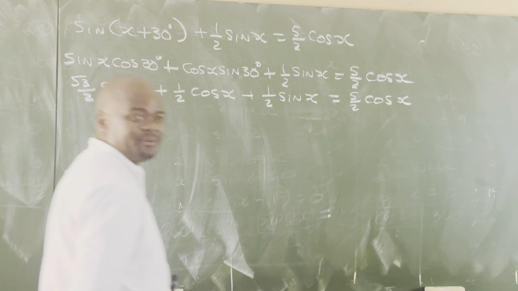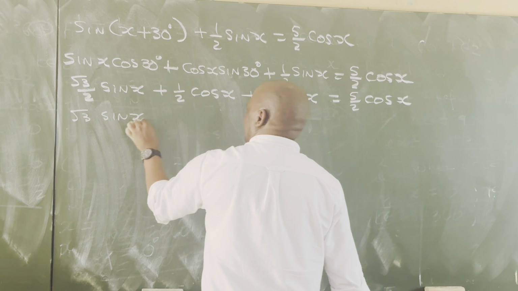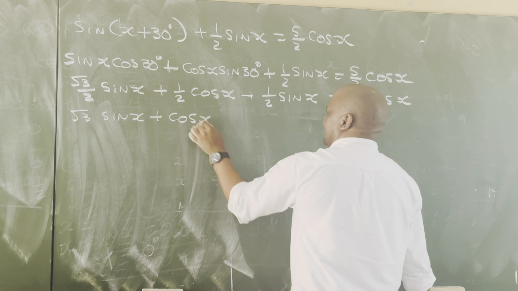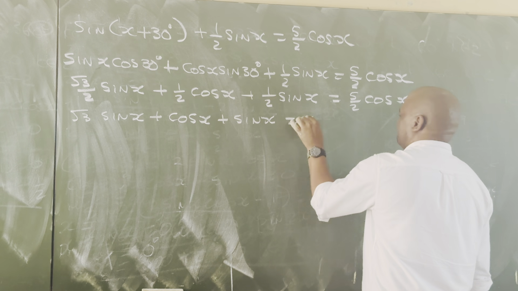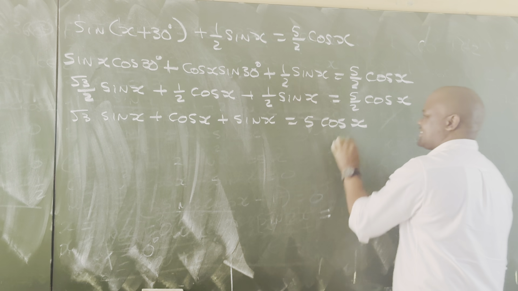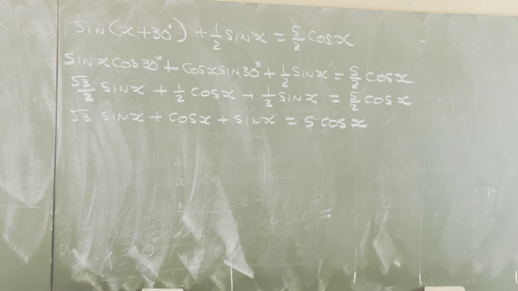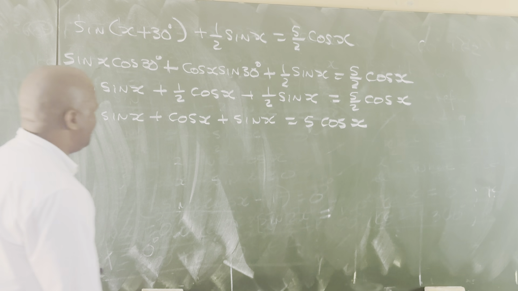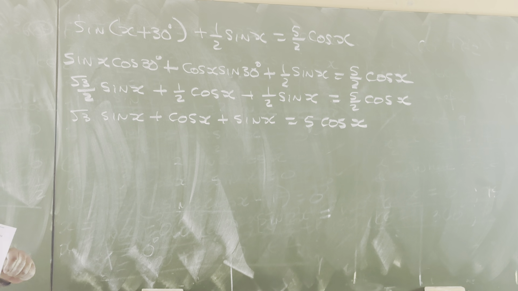Multiply everything by 2. Okay, very good. So this will be root 3 sine x plus cos x plus sine x is equal to 5 cos x. Then we add the like terms. Okay, this one is going to tan.